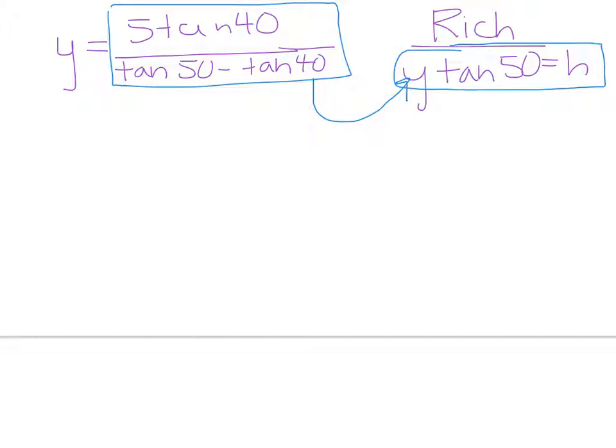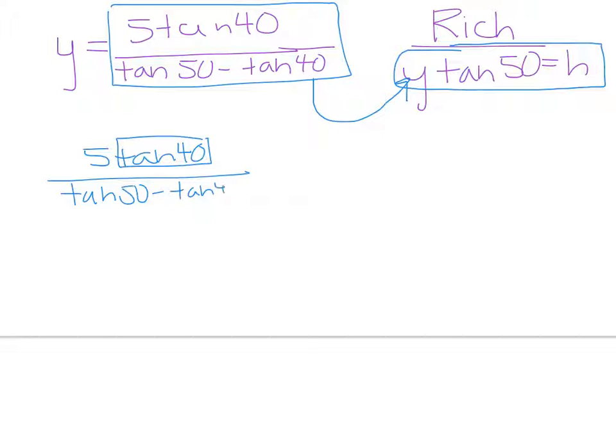So, if we want the value of h, we have 5 times the tangent of 40, all divided by the tangent of 50 minus the tangent of 40, times the tangent of 50 from this equation right here, and that's going to be equal to h. So from here you can pause the video and plug that into your calculator.